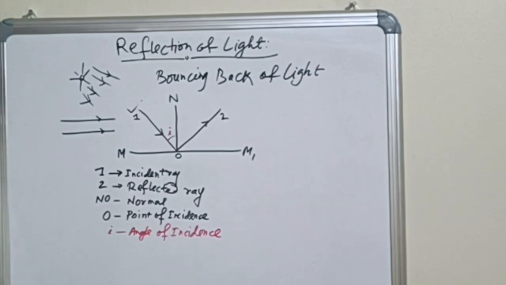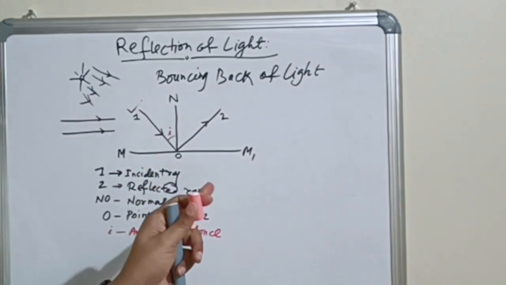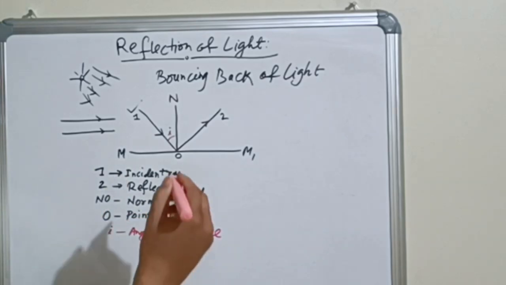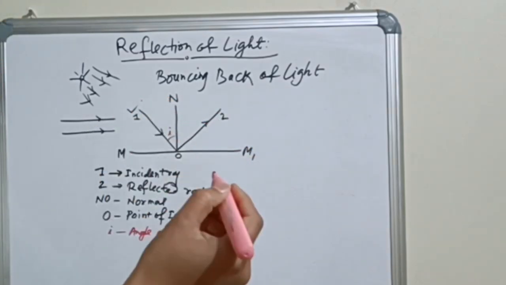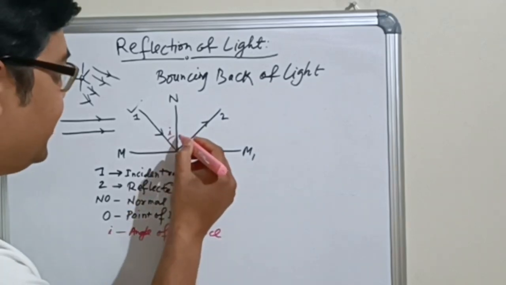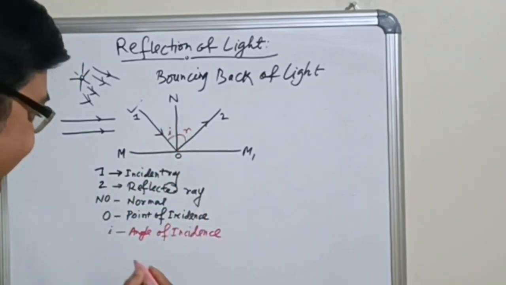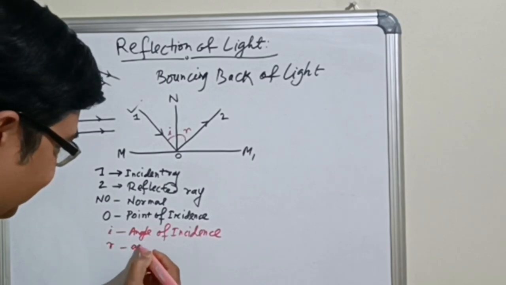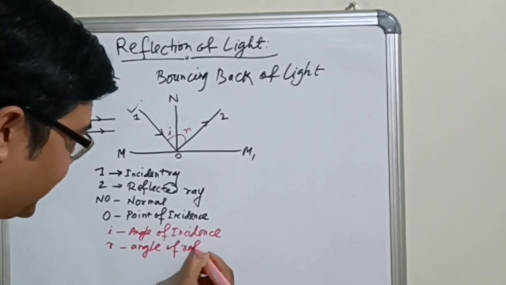Angle of incidence is the angle made by the incident ray with the normal. Similarly, the angle made by ray 2, the reflected ray, with the normal is called R, or the angle of reflection.